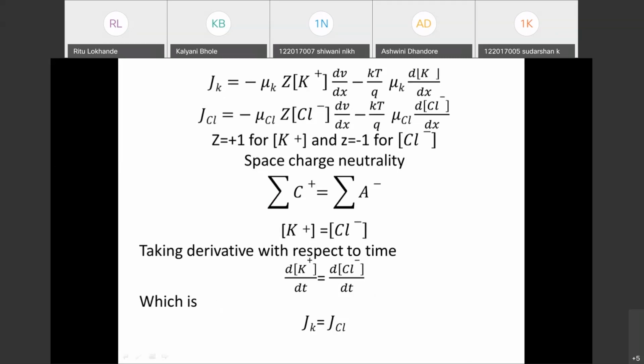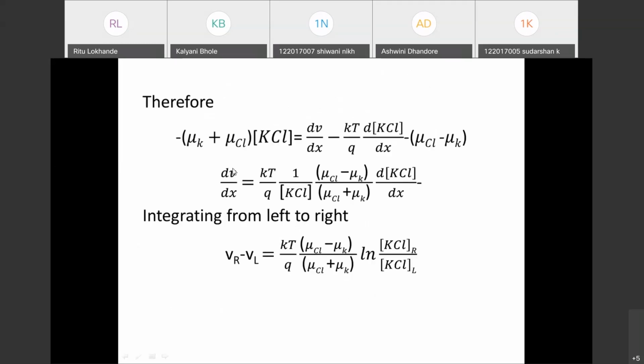So J K is equal to J Cl. Therefore, if we equate both equations, we can derive dV by dx. So this is the equation.